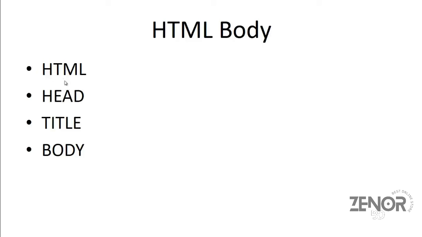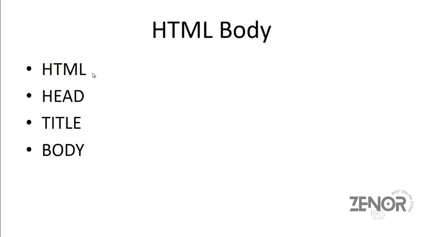This is kind of saying, okay, this is an HTML page, and the next thing you'll see is the head. If you think about a human body, you have the head, and then right below that you could have a name tag, like the title. And then right below that you have a body, and then of course you have your feet and everything like that. That's probably the easiest way to think about it.